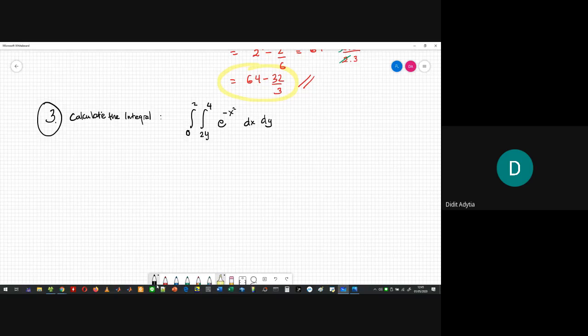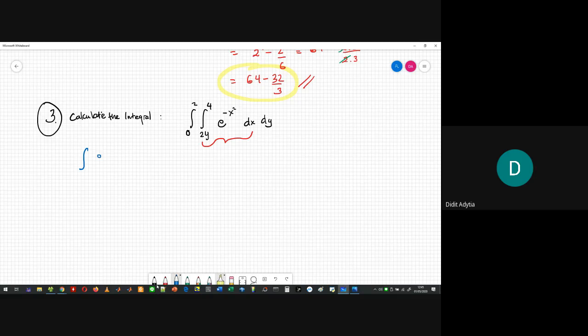Can we solve this directly? We try, okay? We try directly solve this one. So from 0 to 2, and then, what is actually the integral of this one? Okay, I will try to investigate first, okay?